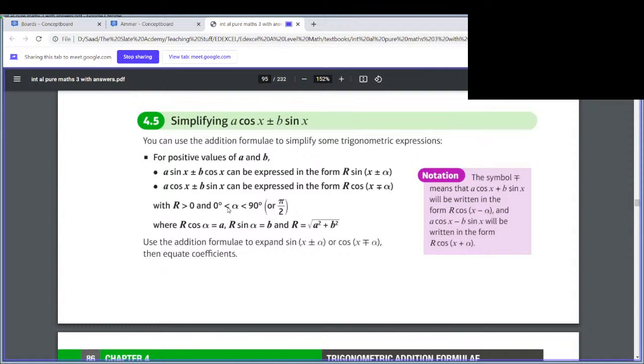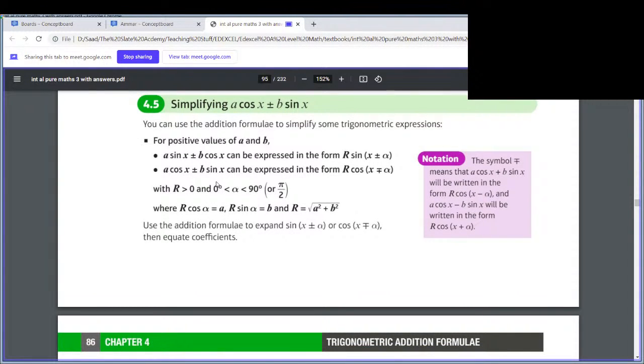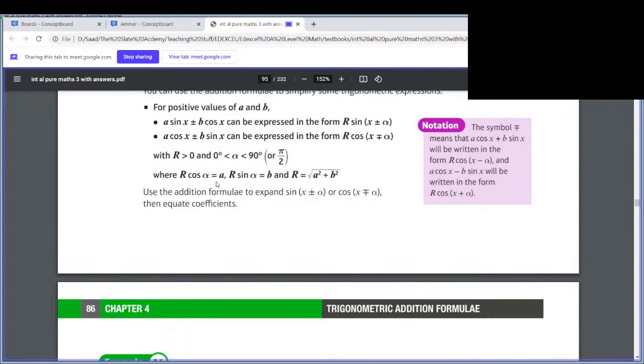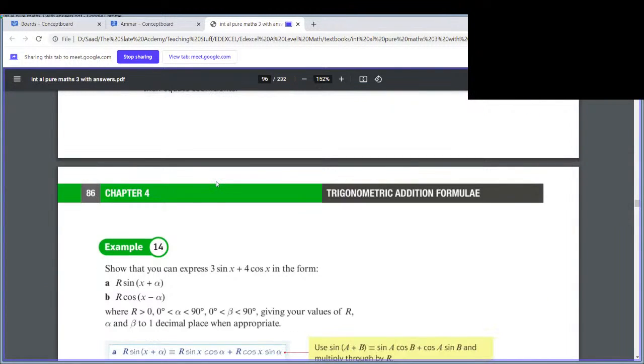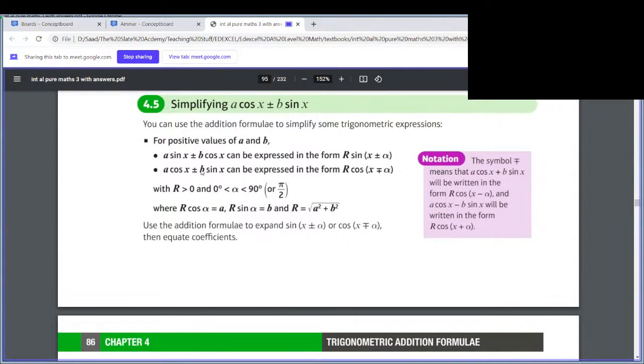Did you see it? You can use the addition formula to simplify some trigonometric expressions. Here it just gives you a different way of expressing the same formula.